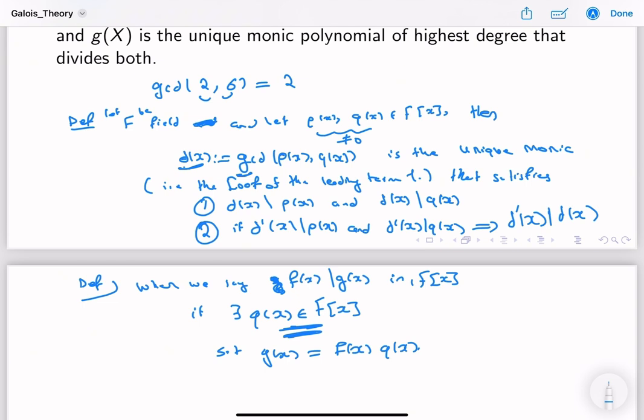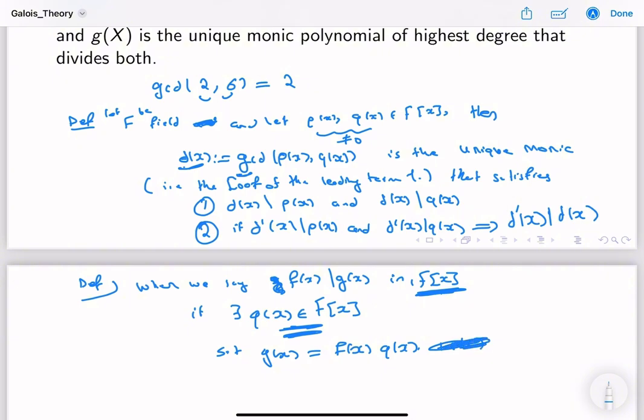Very often the way you're going to show that a polynomial divides another is by applying the division algorithm that we know holds for F[x]. So very often we're going to apply the division algorithm and get a remainder and try to form some argument to show that this remainder must be 0 and thus f of x must divide g of x.